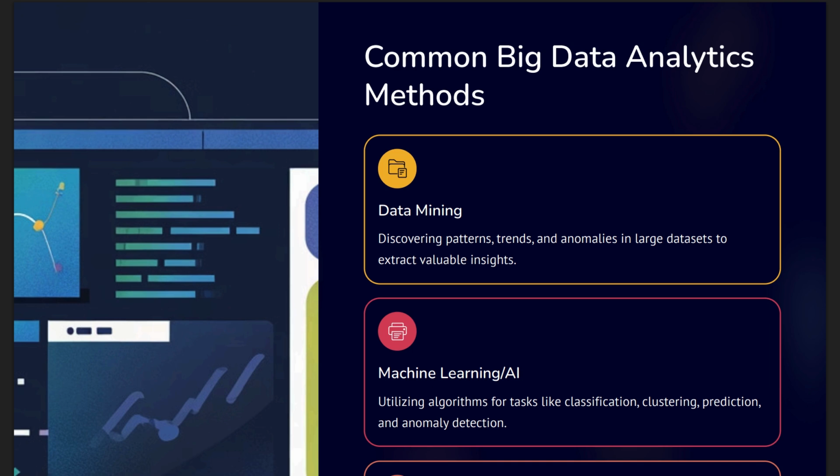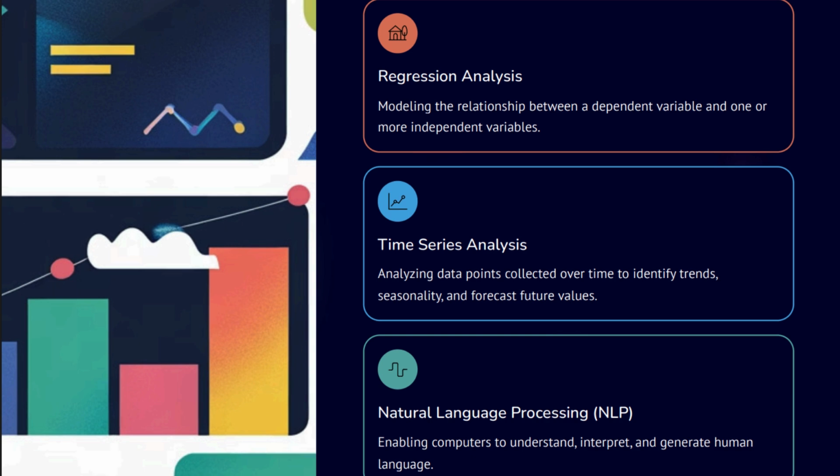Now, let's look at some of the most commonly used methods in big data analytics. First is data mining, finding patterns and hidden relationships in large data sets. Machine learning and AI, using algorithms for classification, clustering, and prediction. Regression analysis, understanding the relationships between dependent and independent variables.